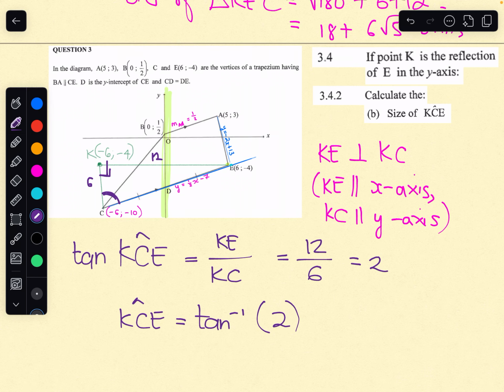And remember, tan is only positive for first quadrant angles and third quadrant angles. Only first quadrant angles are relevant here because third quadrant angles are reflex angles. You can't have a reflex angle inside a triangle. So that's why we're not doing any plus 180, minus 180. No. It's not that kind of party.